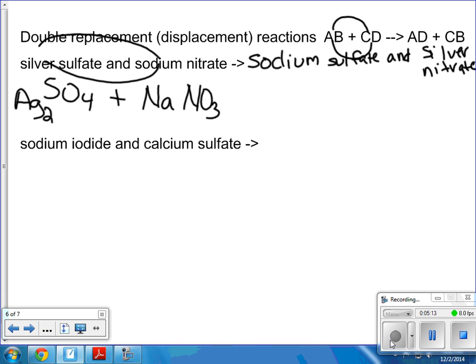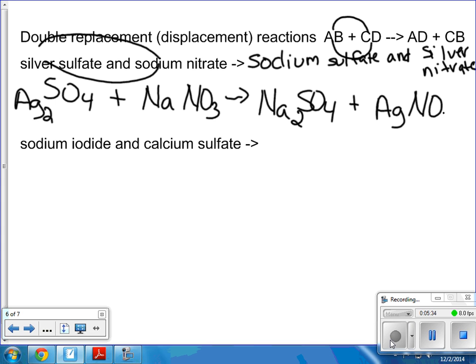Sodium's a +1, nitrate's a -1, so they cancel. Sodium sulfate, NaSO4. Sodium's a +1, sulfate's a -2, so it becomes Na2SO4. And then we have silver nitrate, AgNO3. Ag's a +1, nitrate's a -1, so they cancel out.